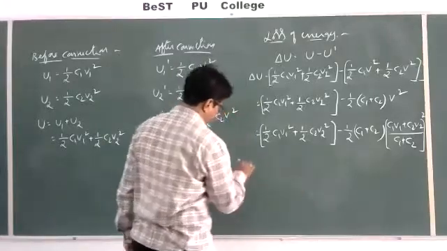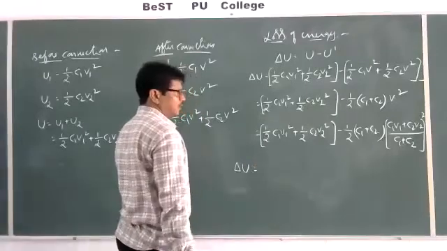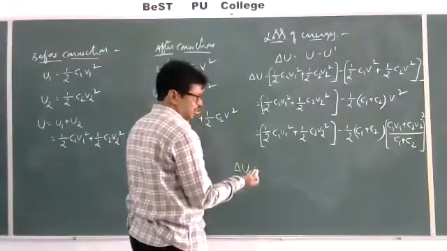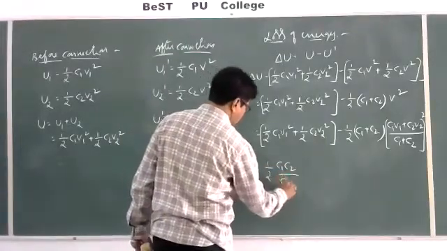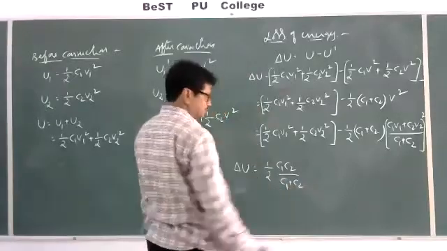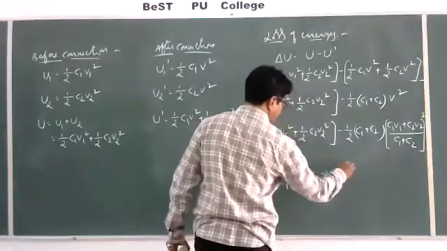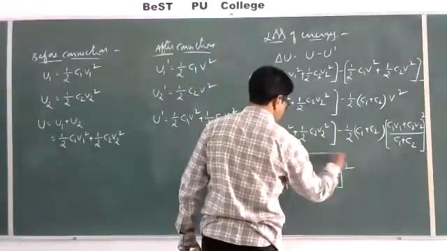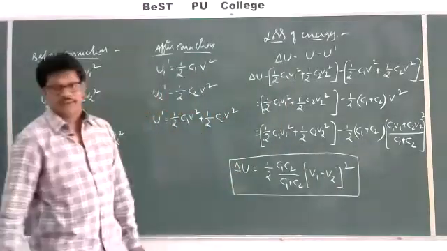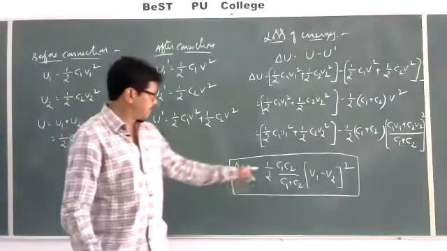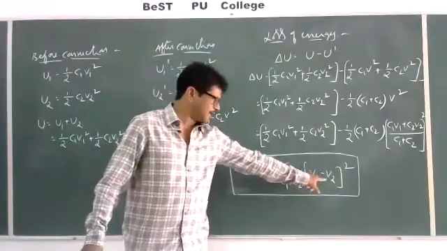If you further simplify, the formula for the loss of energy is delta U equal to half C1 C2 by C1 plus C2 into V1 minus V2 whole square.